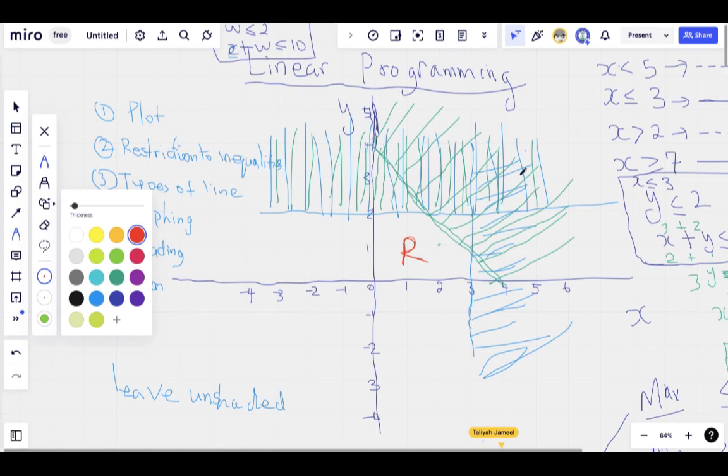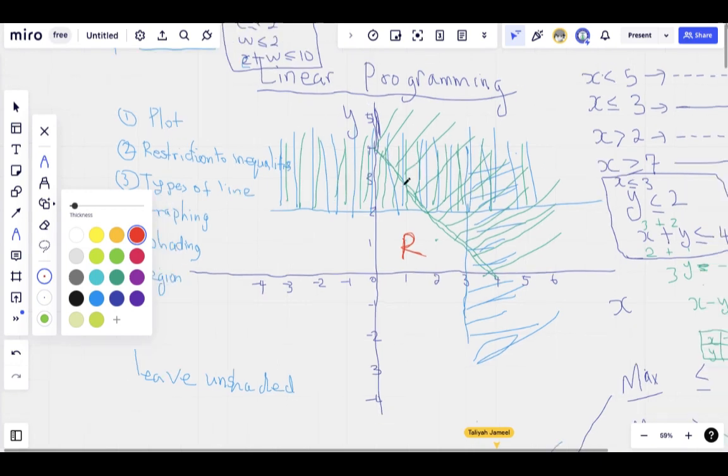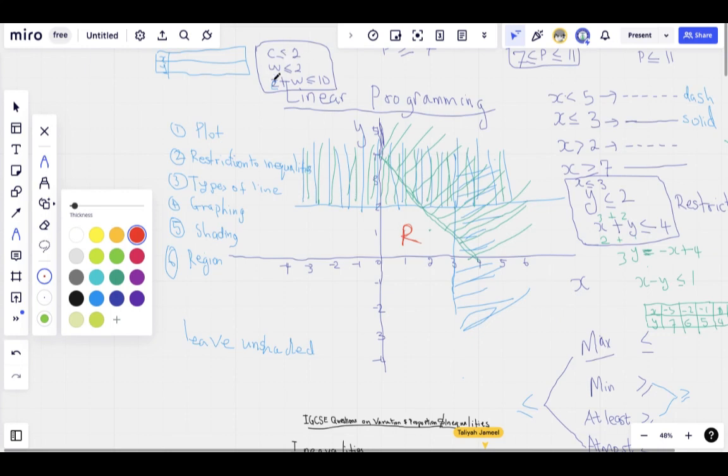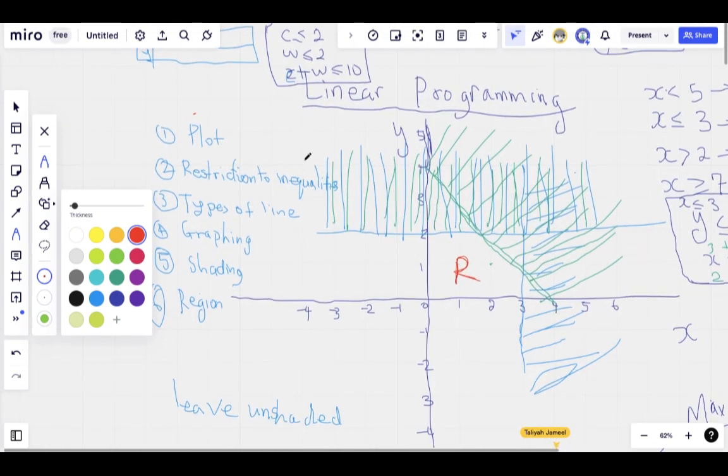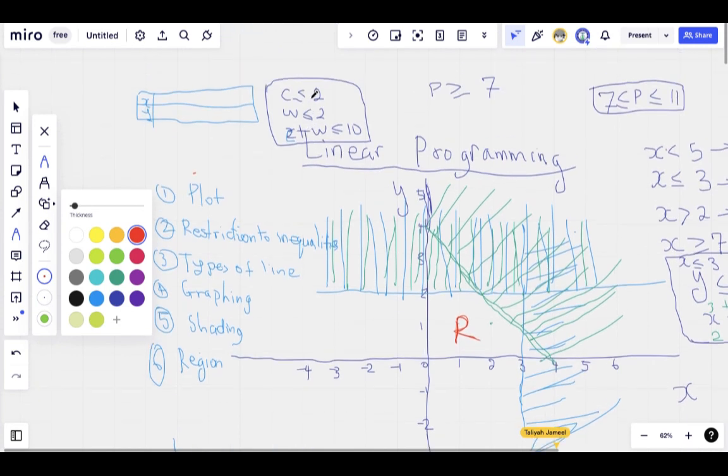Okay, now we do this one, the one I said the farmer is going to plant. He has a field, and the farmer must not plant more than 2 for corn.